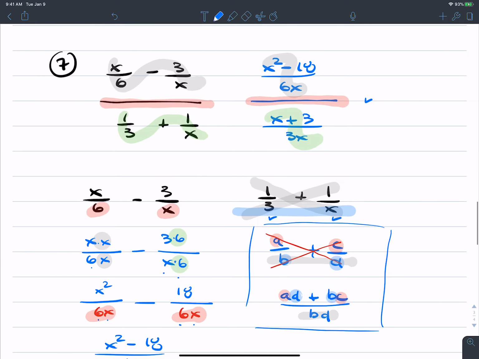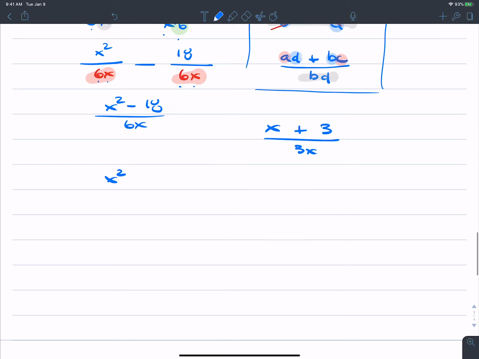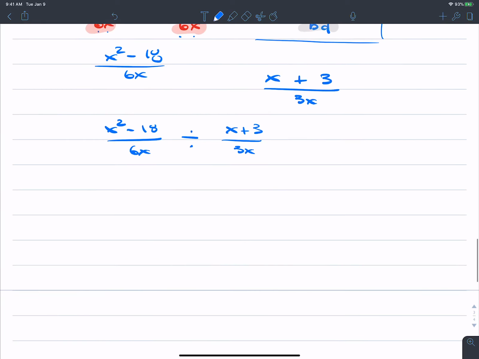So remember, you have x squared minus 18 over 6x divided by the second fraction of x plus 3 over 3x. That gives us x squared minus 18 over 6x times 3x over x plus 3.